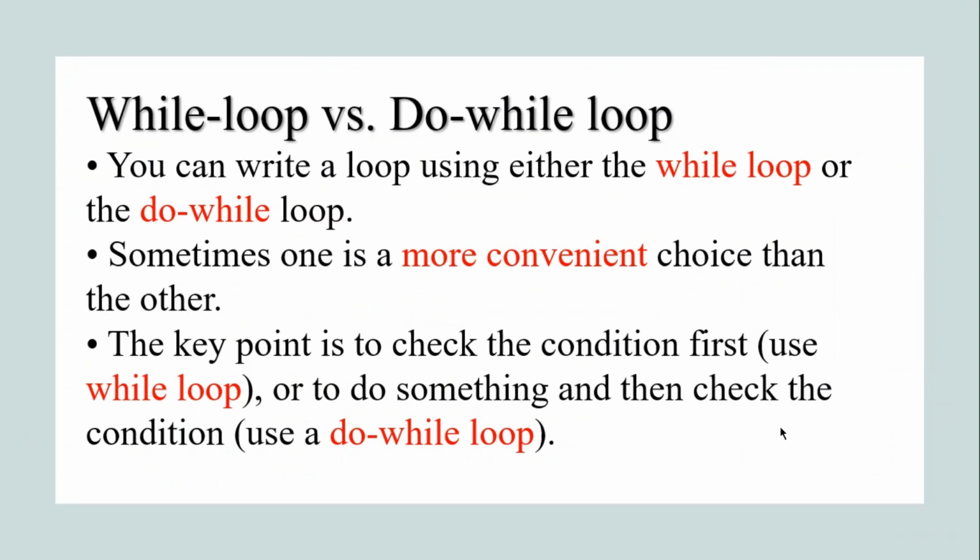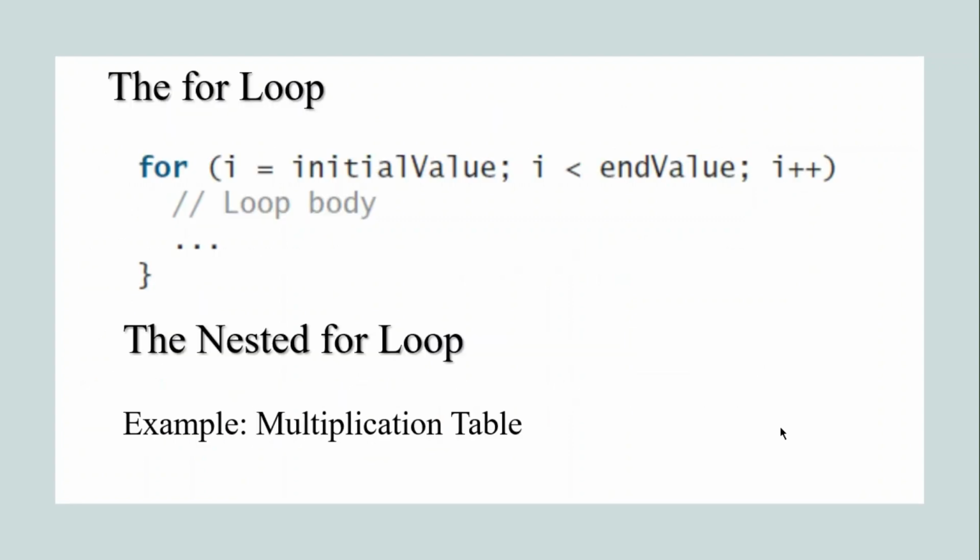After the curly braces, we have the while keyword, then the condition, and then a semicolon. So the key point is: to check the condition first, use a while loop; to do something and then check the condition, use a do while loop. It really depends on the question you are solving.